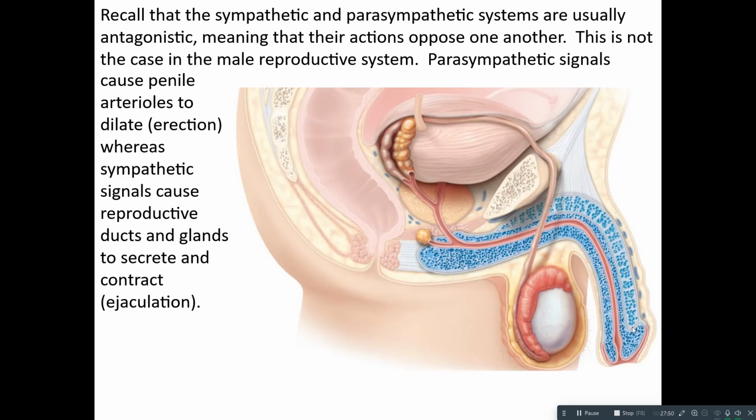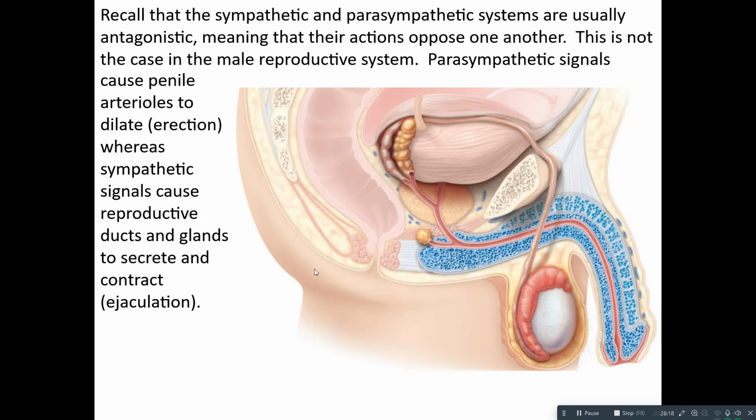So for example, we got male reproductive organs here. We got a penis, we got a scrotum with testes and epididymis, got a vas deferens, seminal vesicle, prostate gland, bulbourethral gland. And parasympathetic signals are going to cause penile arterial vasodilation, which is what allows the penis to become engorged with blood and creates an erection.